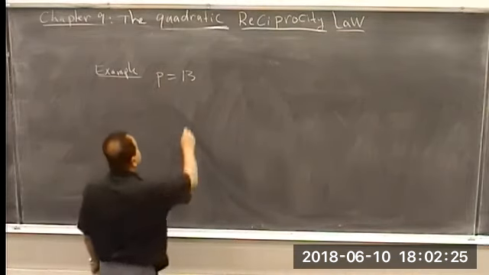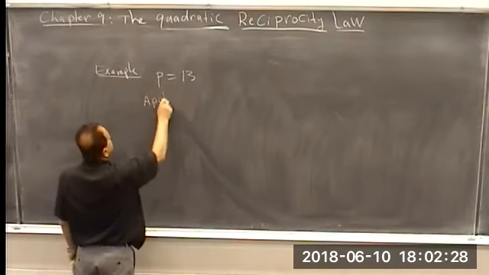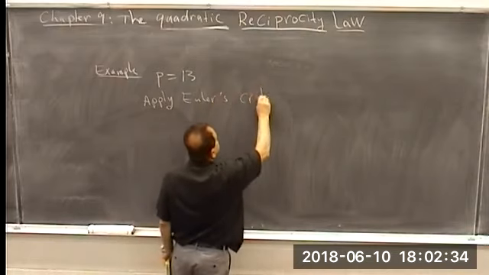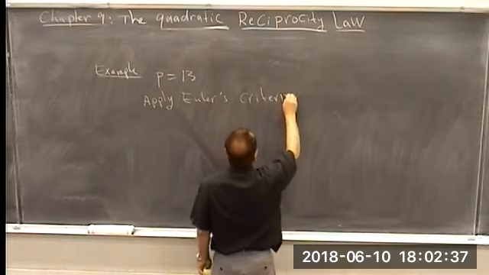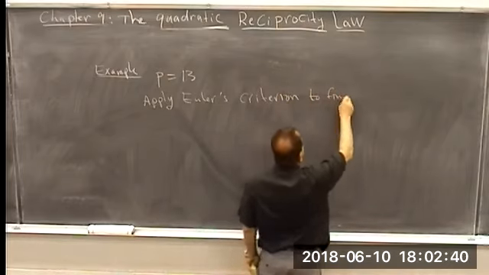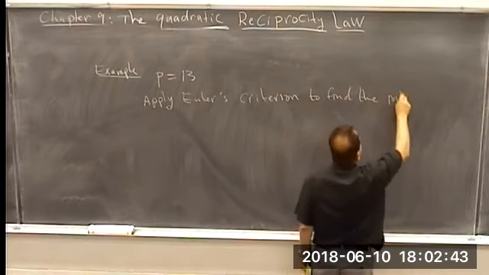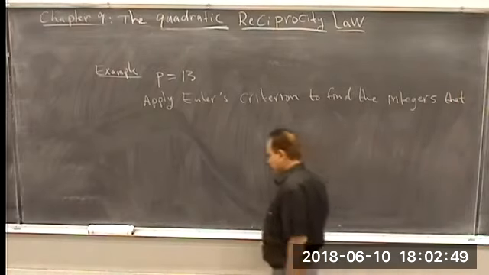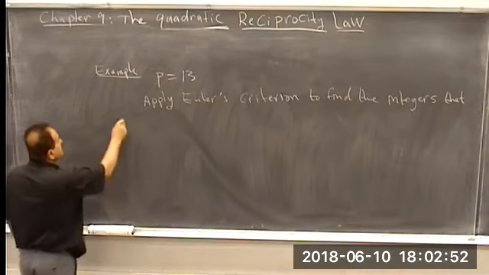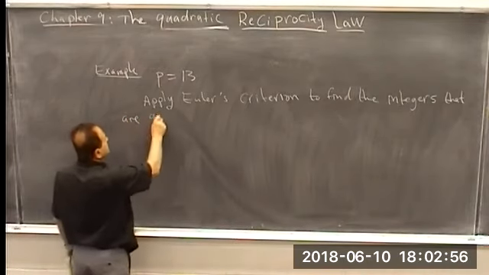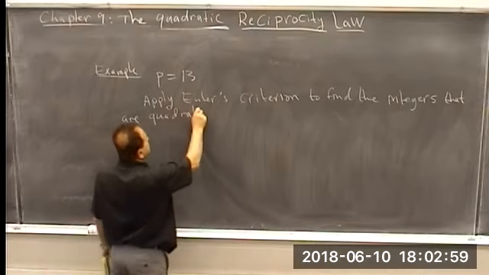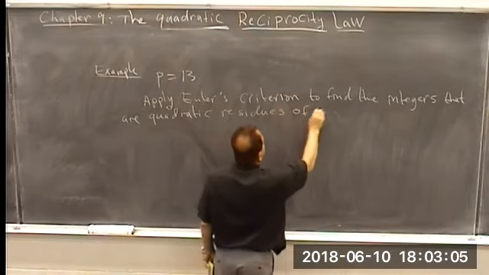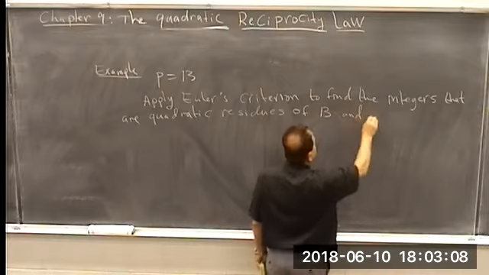We're going to apply Euler's criterion to find the integers that are quadratic residues of 13 and non-residues.